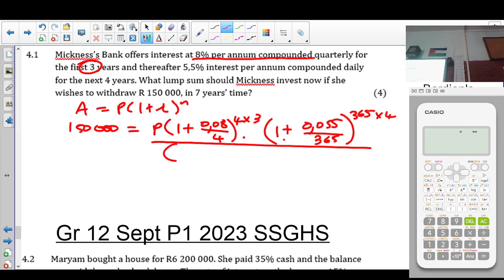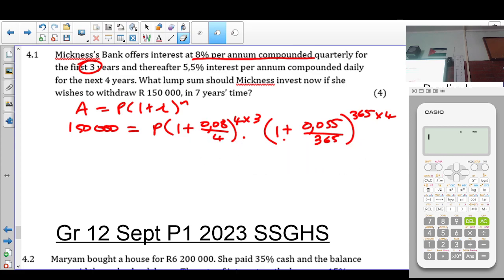I'm not going to write it down. Just put that in the calculator.